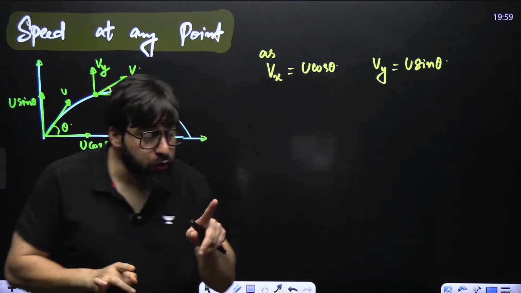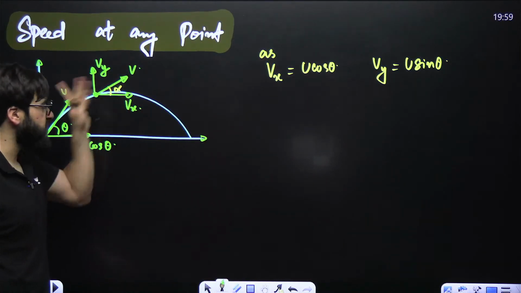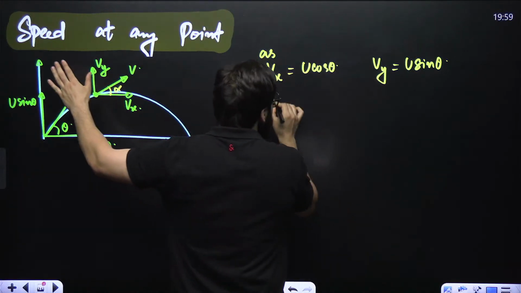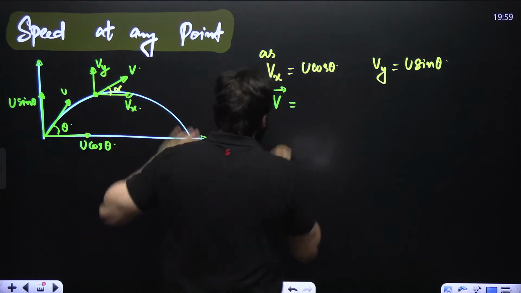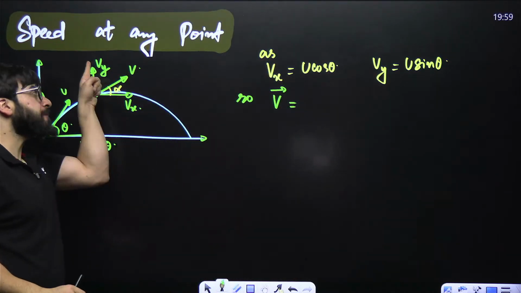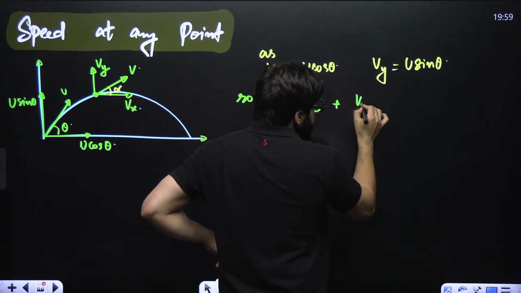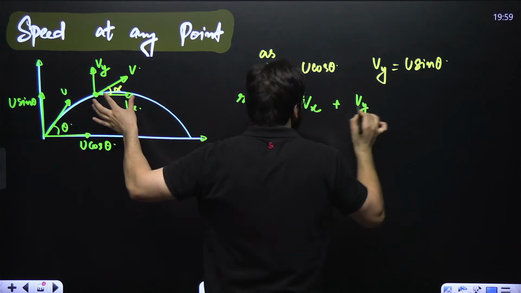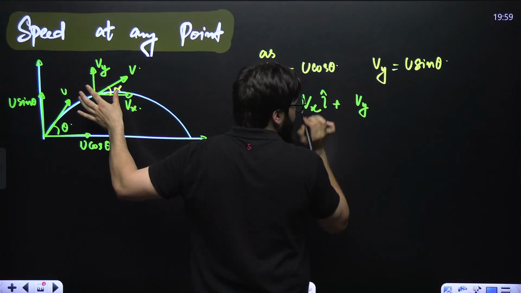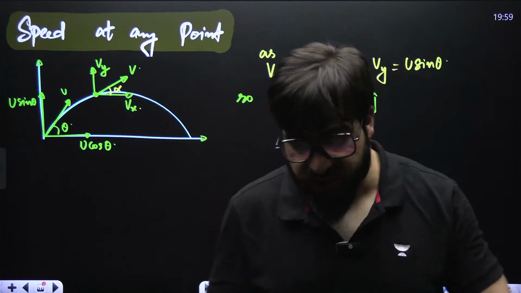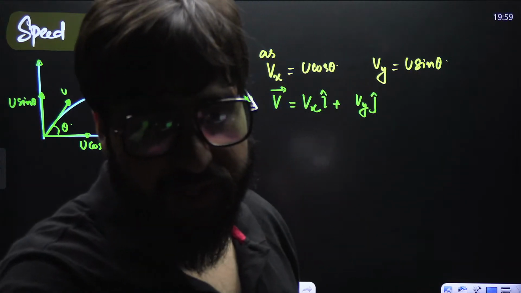Or you say, if you combine this and this, it will form V. So this velocity V will be simply Vx plus Vy. Now, Vx is in the x direction, so I'll write i cap. Vy is in the y direction, that's why I write over here j cap.